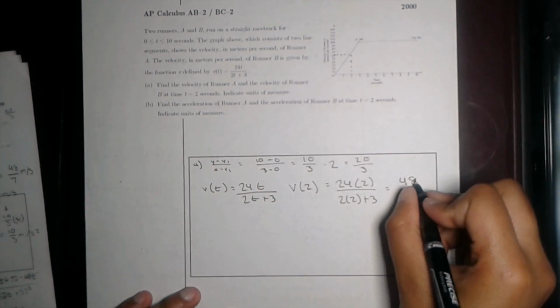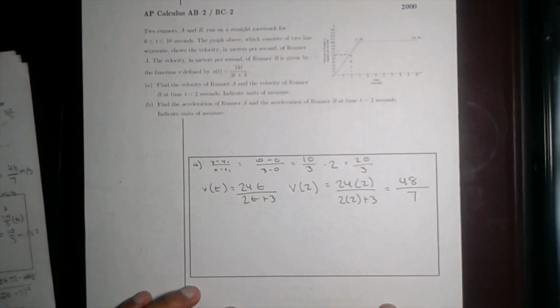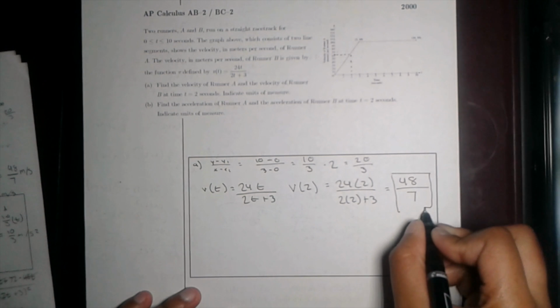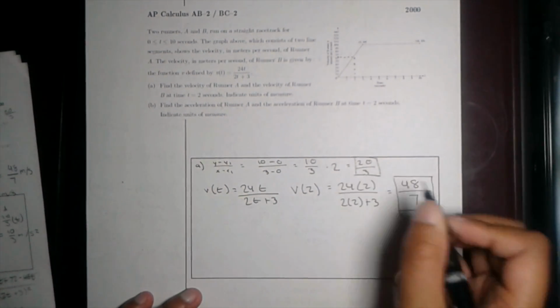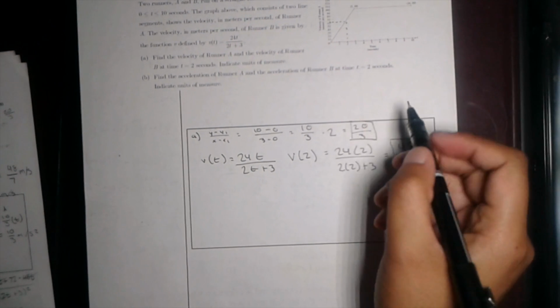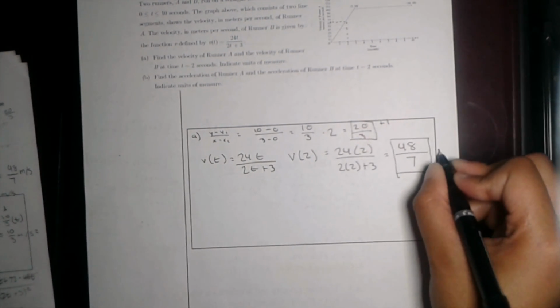That's 48 over 4 plus 3, which is 48 over 7. So this is your velocity for runner B, and this is your velocity for runner A. You can just leave them in fraction form because it's a free response. So you would get a point each for finding the velocity for runner A and one for runner B.